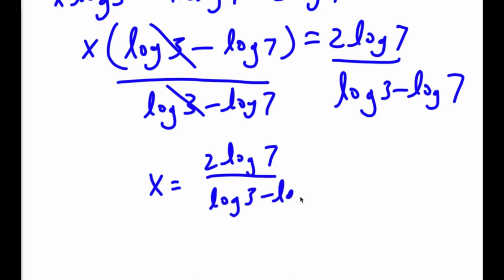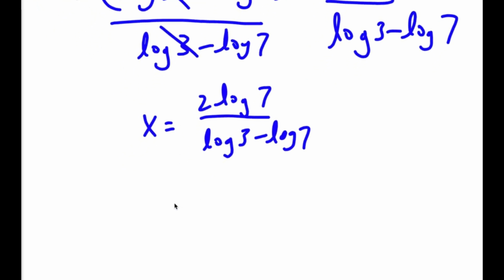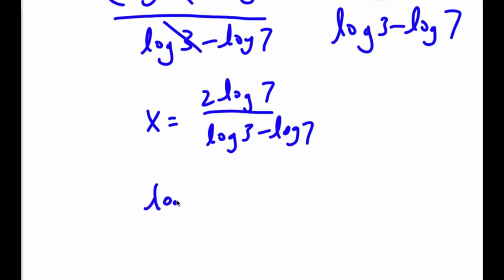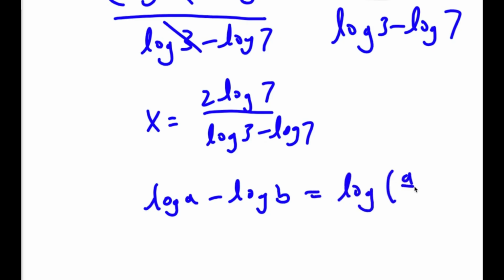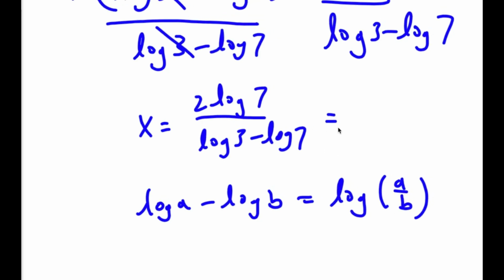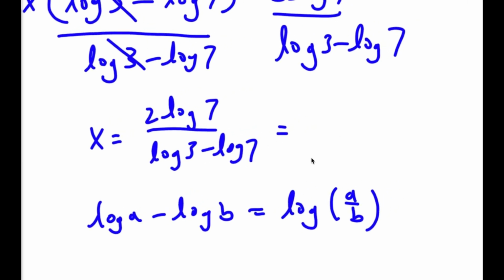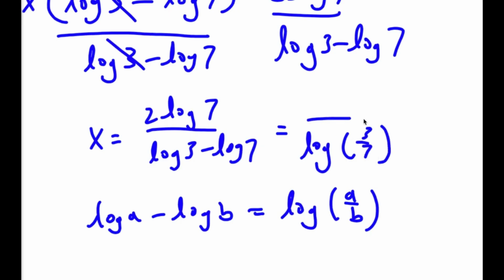And now if I have something in the form log a minus log b, this is the same thing as log a over b. So log 3 minus log 7, this would be equal to log 3 over 7.